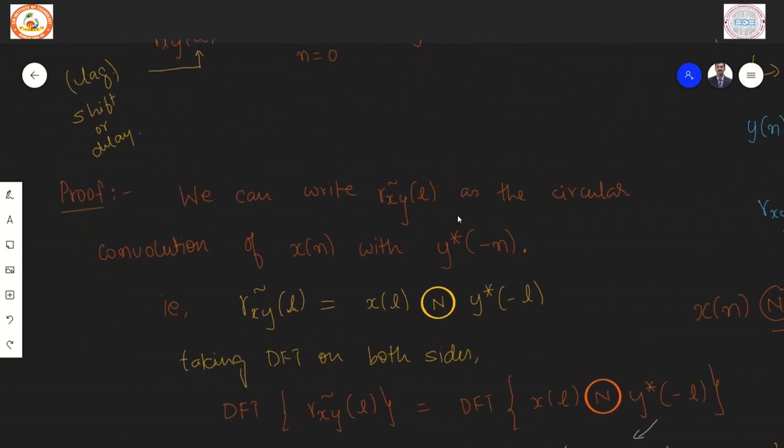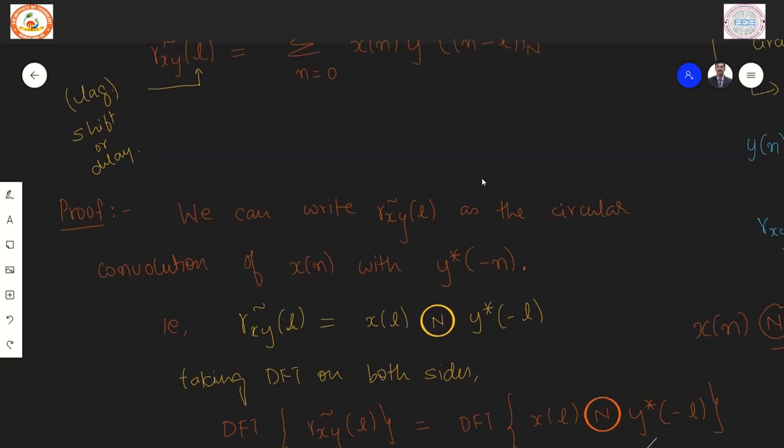Let's develop the proof. We can write Rxy tilde of L. Rxy of L can be treated as the circular convolution between x of n with y conjugate of minus n.